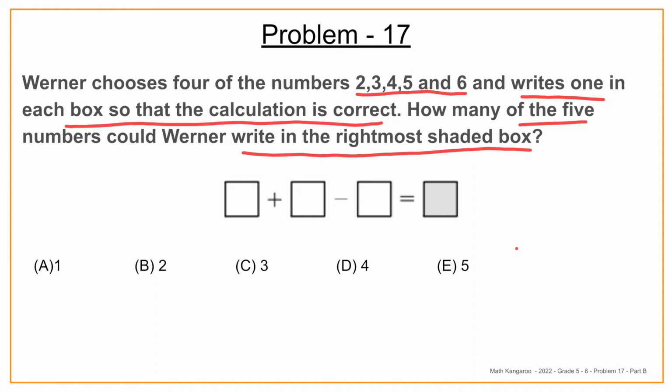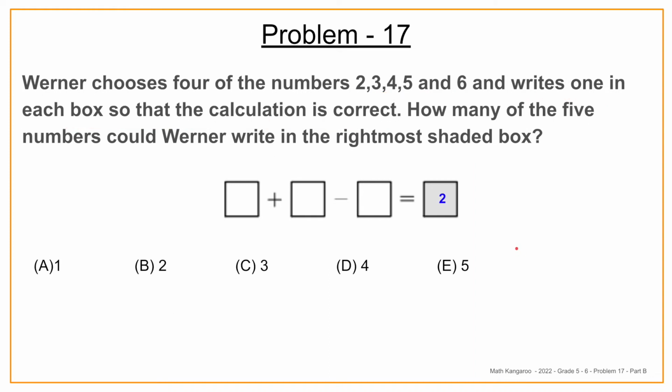Let us try combinations that result in each number from the set being the shaded box. So we will try first 2. How will we calculate so that we will get answer 2? Can we mark it as 3 plus 5 gives us 8, 8 minus 6 gives us 2. So that means 2 could be possible.